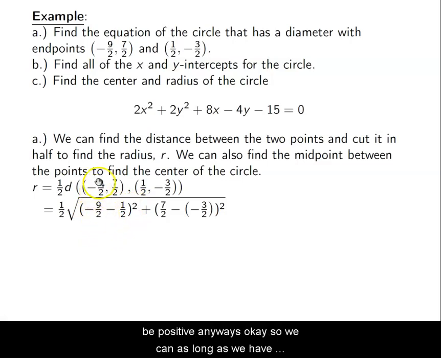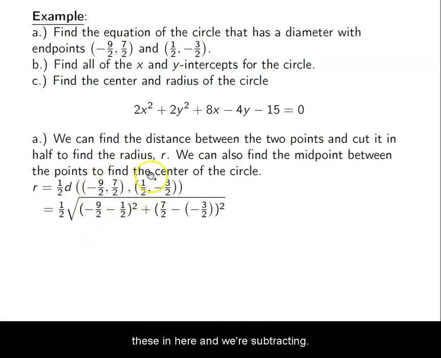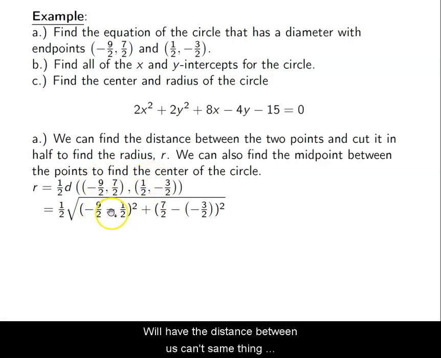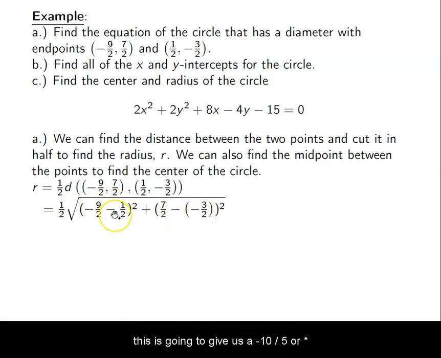As long as we have these in here and we're subtracting them, we'll have the distance between them. Same thing here. So 7/2 minus -3/2 and then squaring it. So this is going to give us -10/2, which is 5. Squaring 5 is 25. 7 minus a -3 is also 10. Over 2 gives us 5. So this is 25 plus 25.